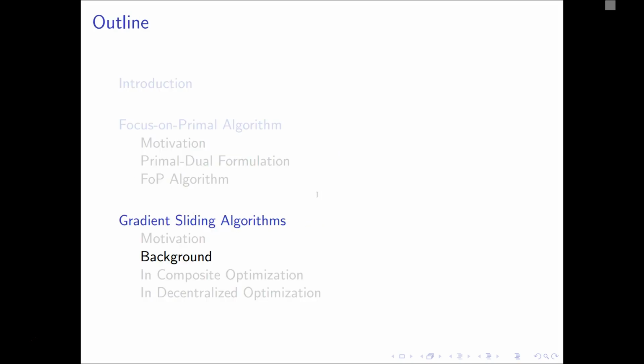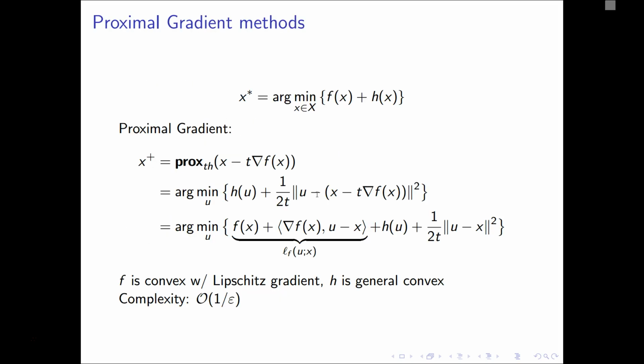There are a lot of ways to do this, and a very famous one is the proximal gradient method. In the proximal gradient method, you still solve the same problem, but instead of doing the gradient of f and the gradient of h together, you do this proximal gradient. So what does proximal gradient mean? You first make an estimate of your x by only evaluating your gradient of f: x minus t times the gradient of f(x).